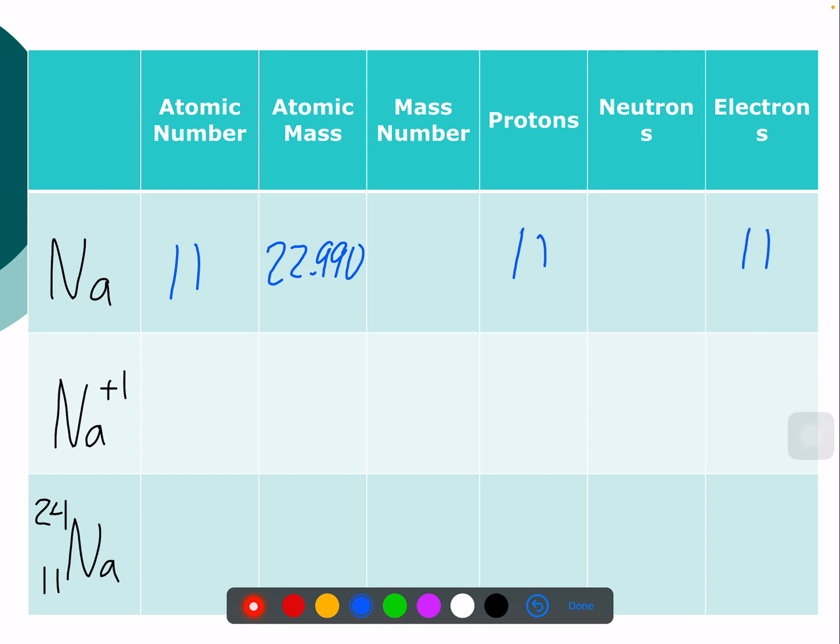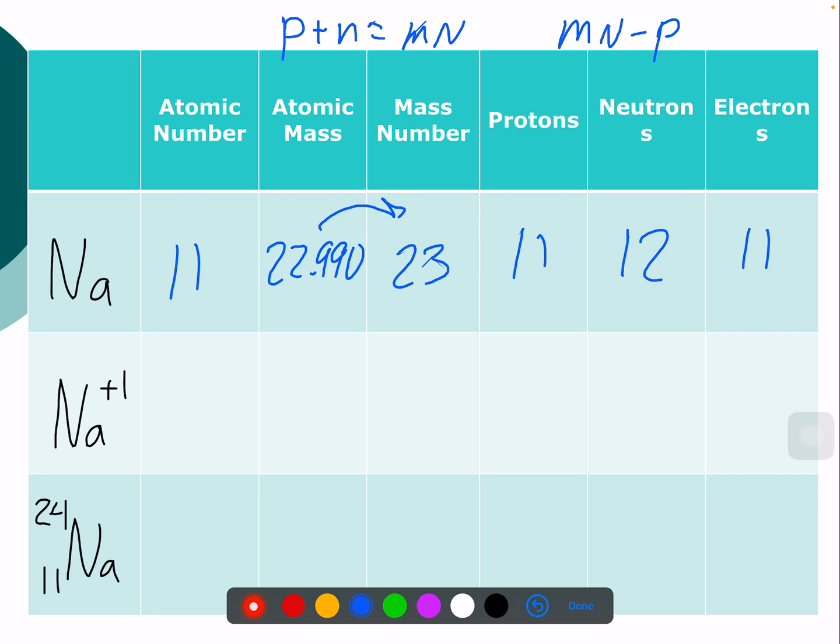Now the mass number is the rounded version of that 22.99, so that is, of course, 23. And to get the number of neutrons, it's the mass number minus the protons, or protons plus neutrons equals the mass number, however you want to think of it. So 23 minus 11 is 12, so there's 12 neutrons.